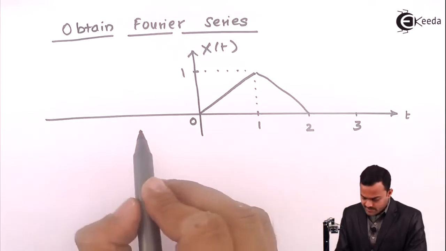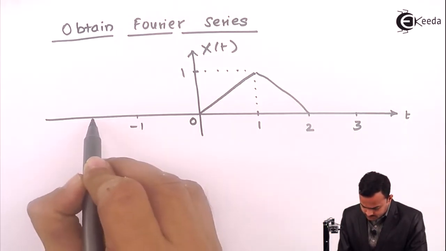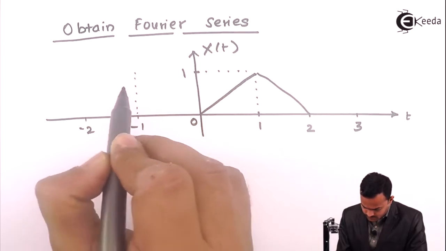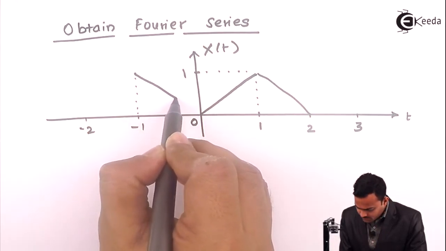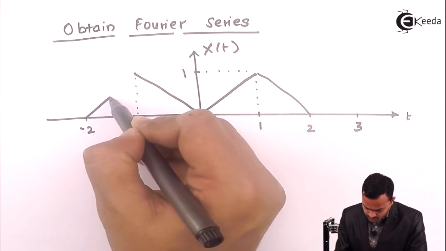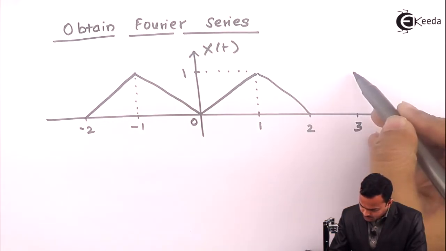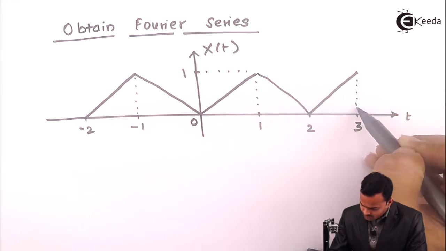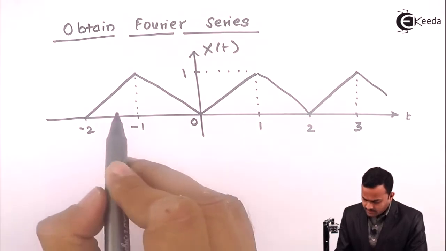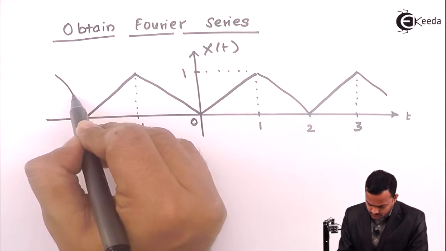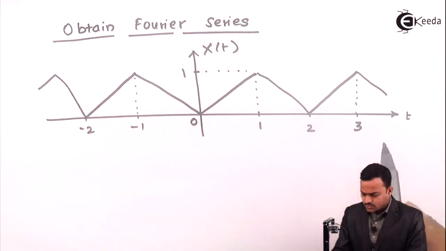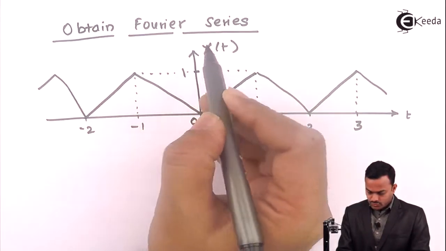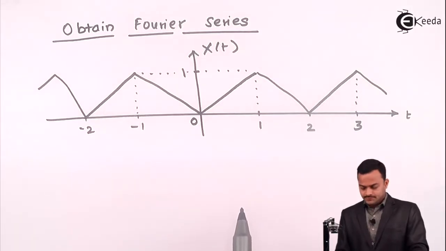Basically a triangular waveform is given, and so on and so forth. So this is the waveform given. For this we need to obtain a Fourier series.